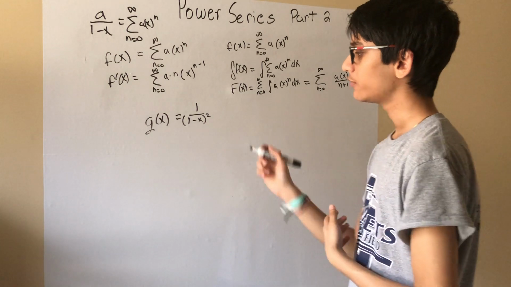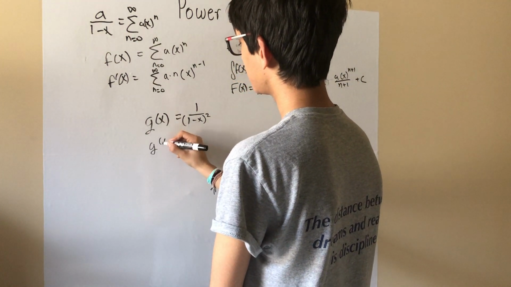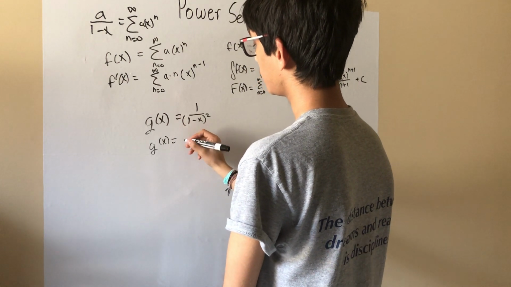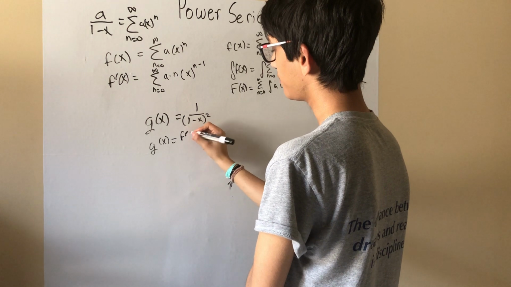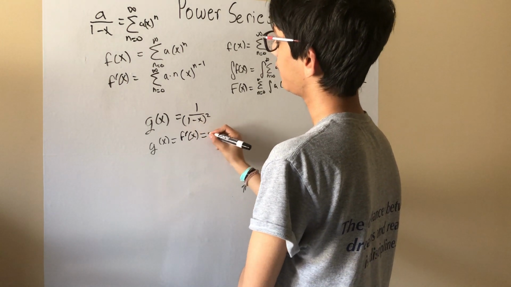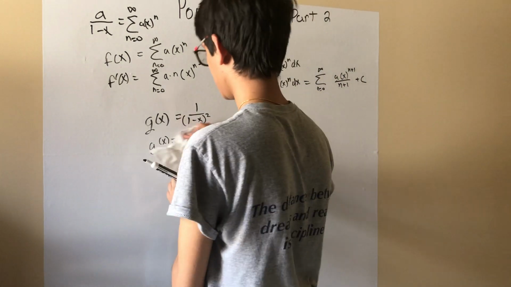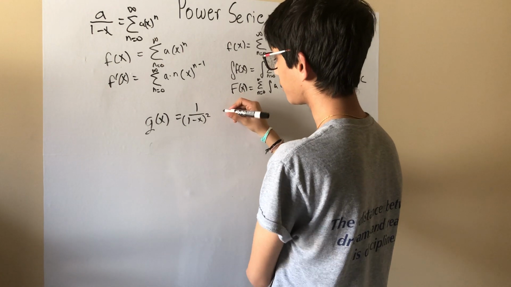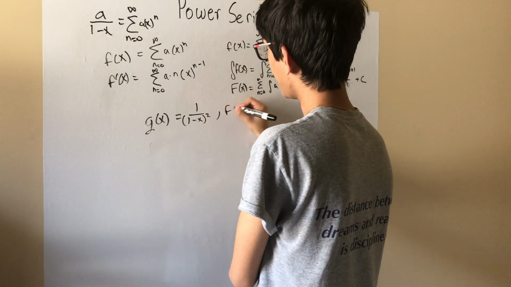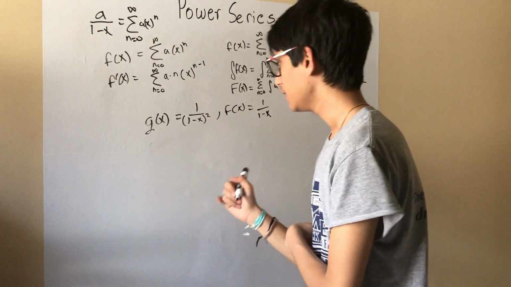So right off the bat, we can tell that g of x equals the derivative f prime of x if that equals, wait here, this is a bit confusing if you listen to this without volume. So let's say f of x equals 1 over 1 minus x, right?